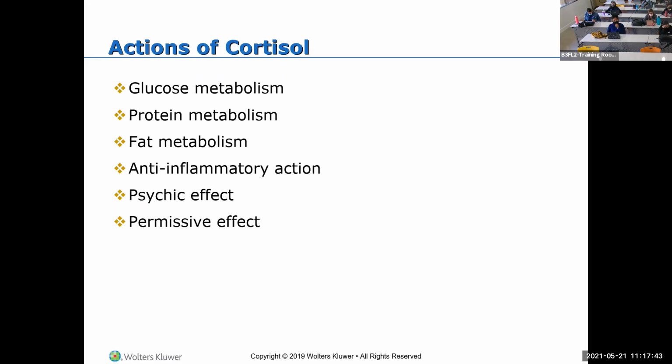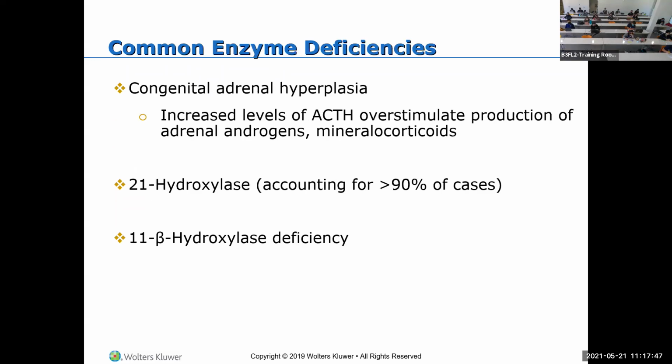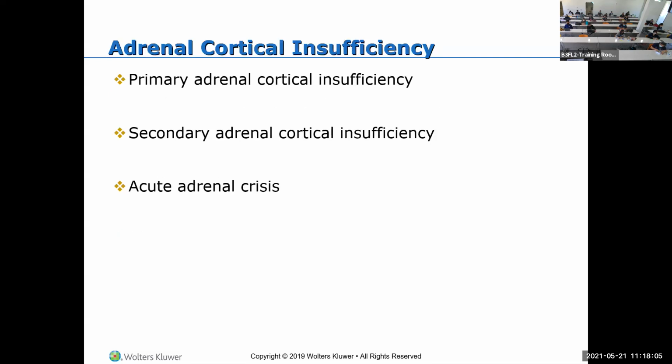The cortisol. We do have, because of the enzyme deficiency, congenital adrenal hyperplasia, 21 hydroxylase enzyme deficiency in most cases, and 11 beta hydroxylase deficiency is also one of the causes. Adrenal cortical insufficiency may be primary, may be secondary.